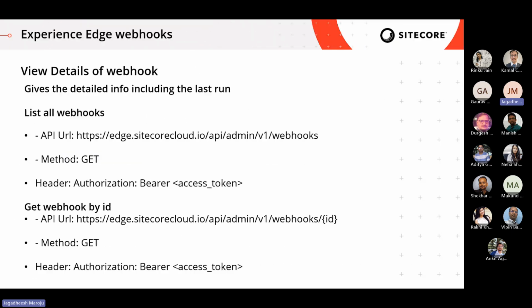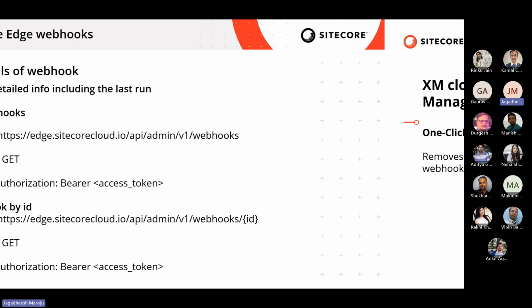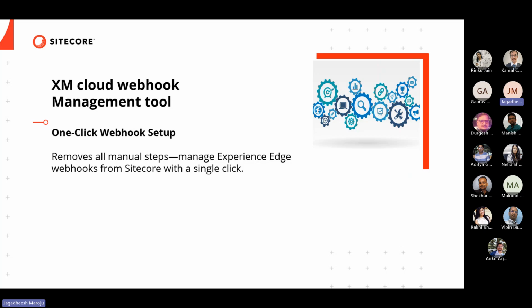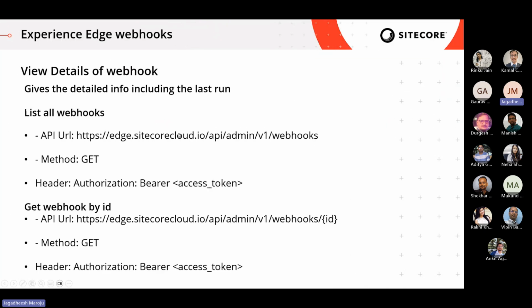The same goes for listing all webhooks and getting a webhook by ID. I'll show you all of them in Postman. Managing webhooks, like create, update, delete, and seeing what a webhook is doing and when it last ran, XM Cloud doesn't have any interface, so all of it has to be done with APIs and API tools.